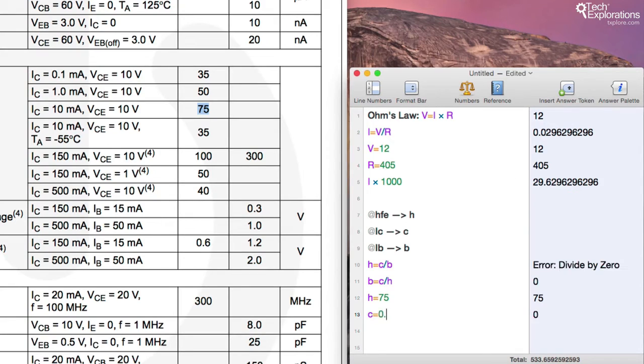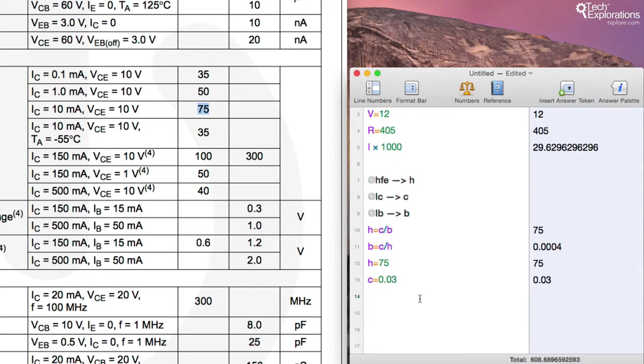So this is really 0.03. That finally gives me an idea of what the current in the base is going to be. So B is equal to 0.004, or 0.4 milliamps.